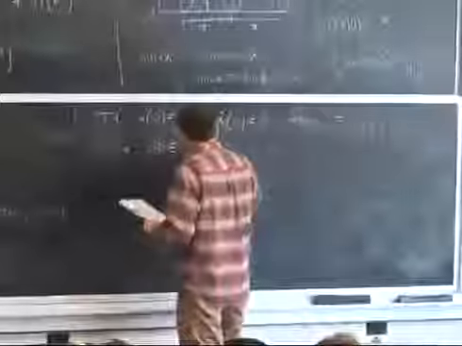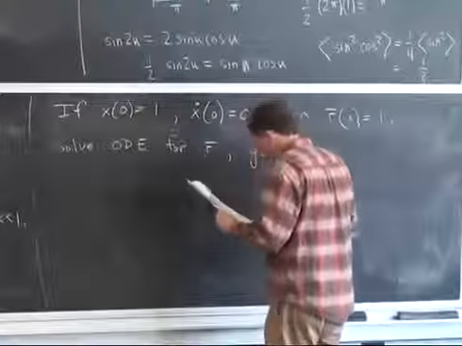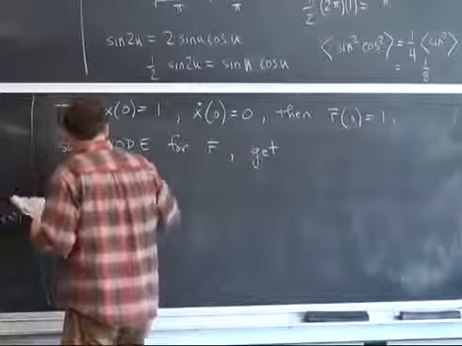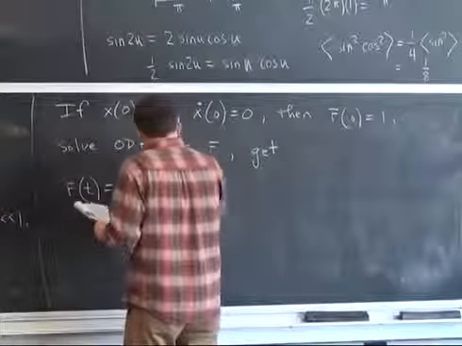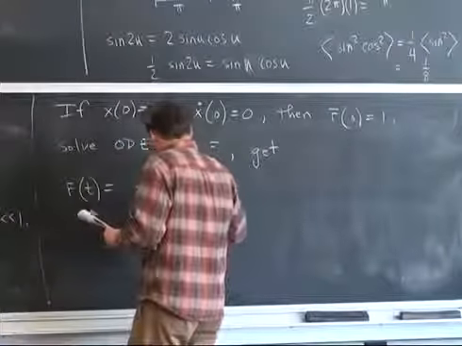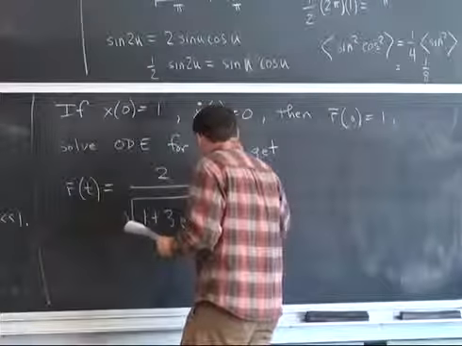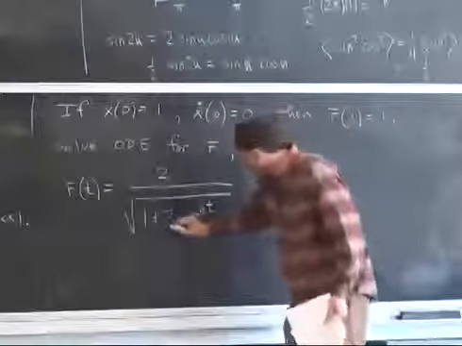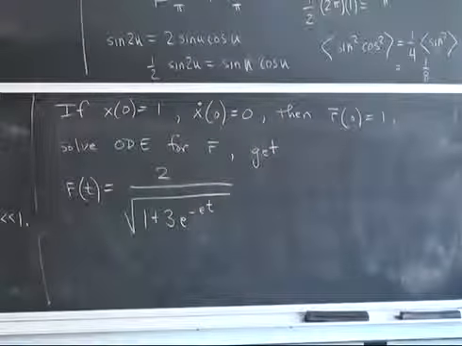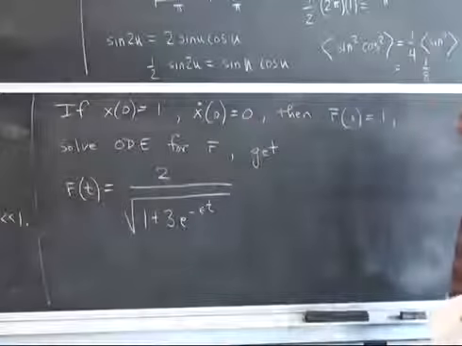Solve the ODE for r bar. And you'll get this cool formula. R bar as a function of t is 2 over square root 1 plus 3 e to the minus epsilon t. I got that by solving this differential equation by separation of variables and using partial fractions on it to do the integral. So you get that.